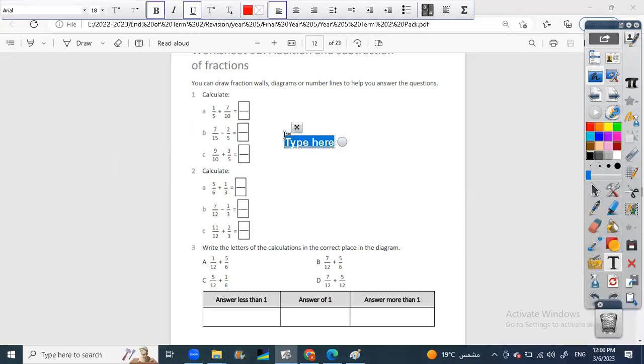We have proper fractions. We have improper fractions. And we have mixed numbers.